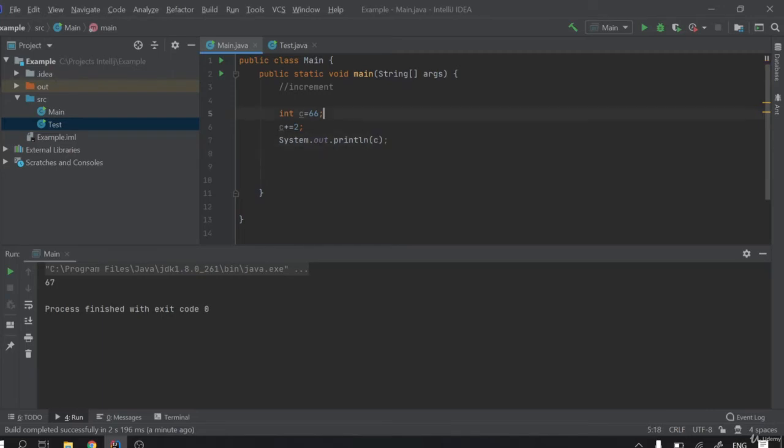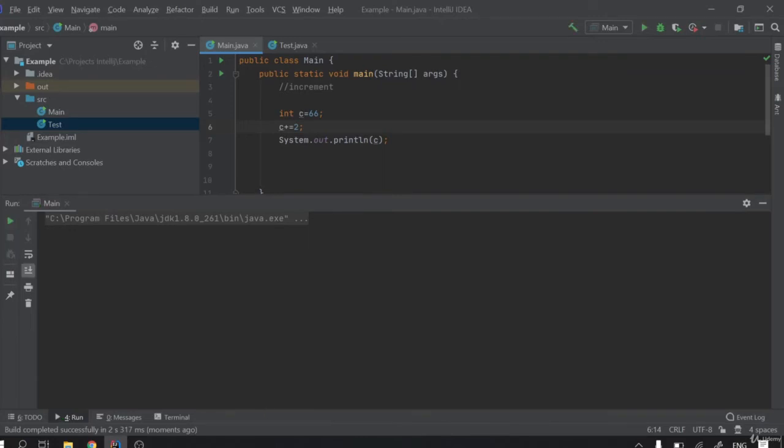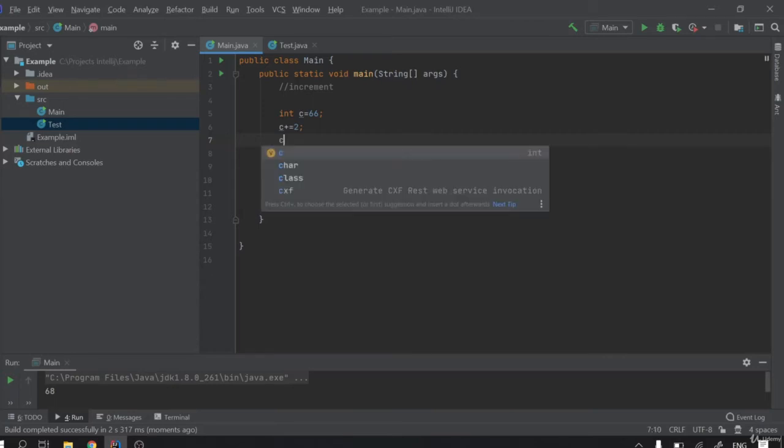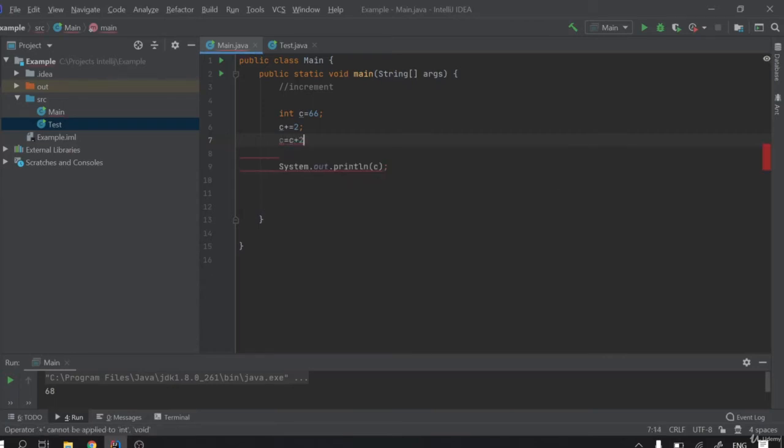Let's print c, and we got 68. How did it happen? Let's explain this. c plus equals 2 is like I wrote c equals c plus 2.